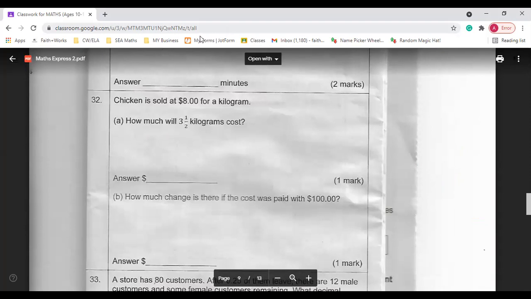Chicken is sold at $8 per kilogram. How much will 3.5 kilograms cost? All right, so what does that mean? So 1 kilogram, 1 kg, $8. 3 kilograms, you could break it up like that. 3 kilograms would be 8 by 3.